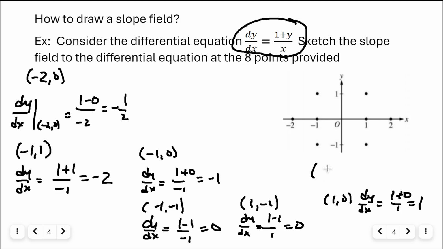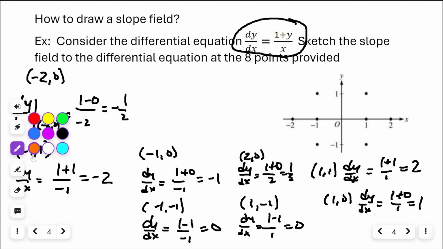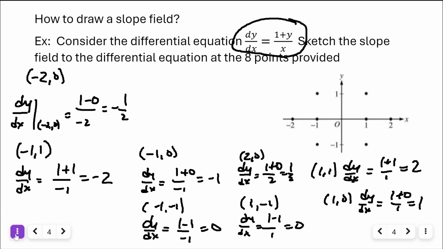At (1, 1), we would get 1 plus 1 over 1, which is 2. At (2, 0), we would get 1 plus 0 over 2, which is 1/2.